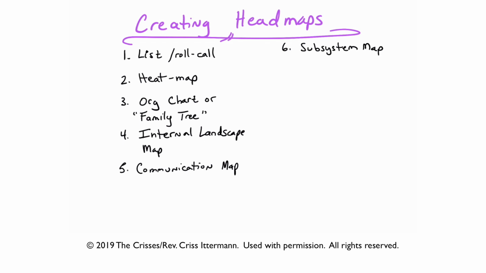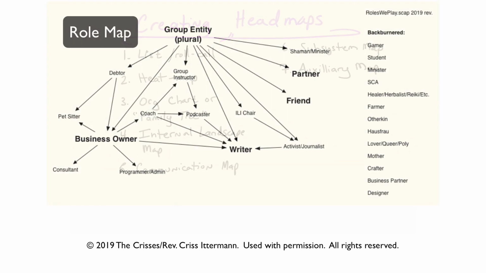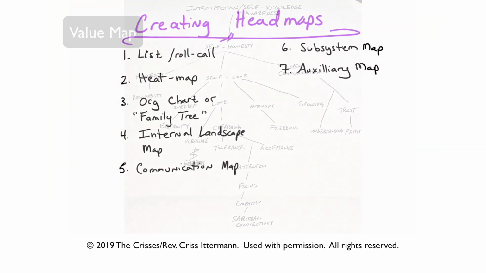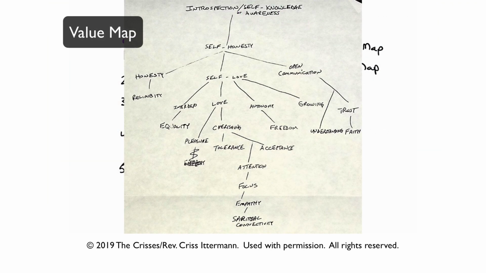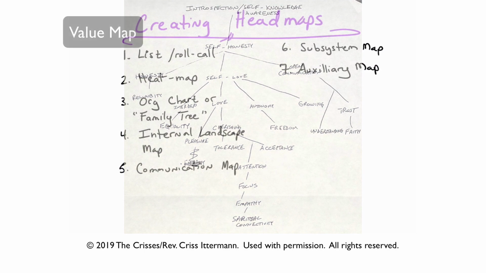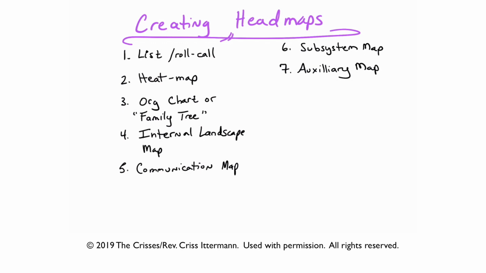The seventh type of map that we're going to look at is an auxiliary map. These can be helpful maps that aren't necessarily the people or the landscape. For example, you can map out your roles, different skills that people have in your system. You can work on group values. So these maps are important, and they can lay out on the table different ideas for your collective, but they're not about the people or the internal landscape per se.